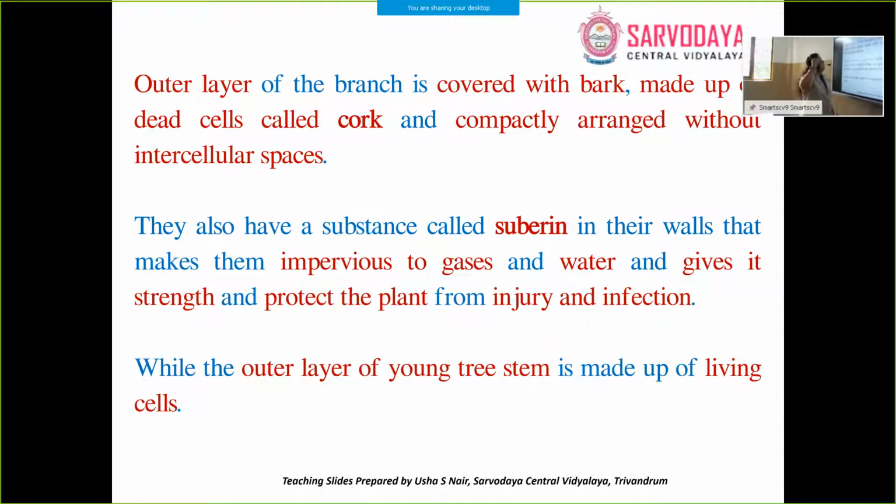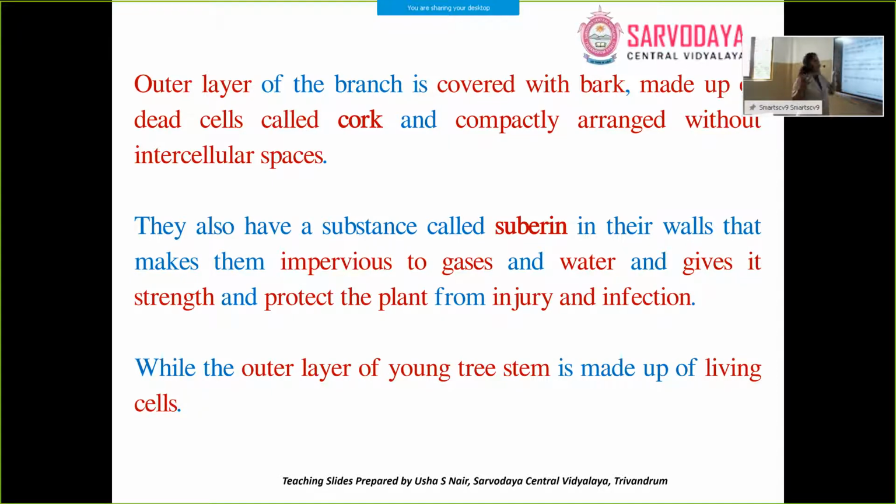Here what happens? The outer layer of the branch of a tree is covered with bark. Bark is mainly seen on the outer portion in woody plants, right? The outer layer of the branch is covered with bark made up of dead cells called cork.